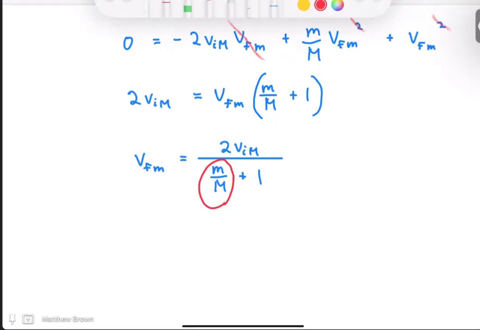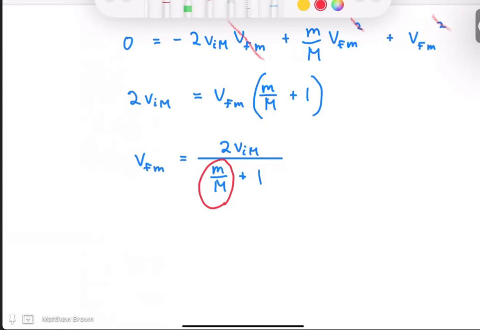And in which case, all you've got is 1 in the denominator, and so v final of little m is just equal to twice whatever v initial of big M is, right? And so that tells you that is the maximum possible velocity you could get. If you've got that giant wrecking ball and that little tiny golf ball, the maximum velocity you're going to get out of it is just twice whatever v1 is of the big one, right?